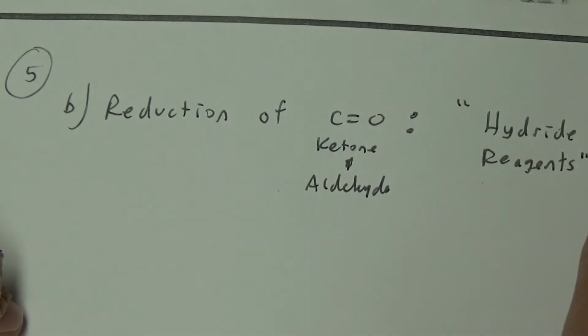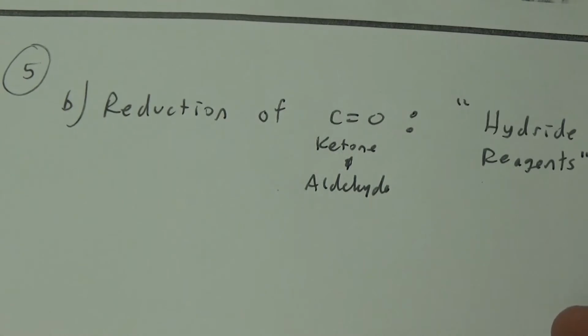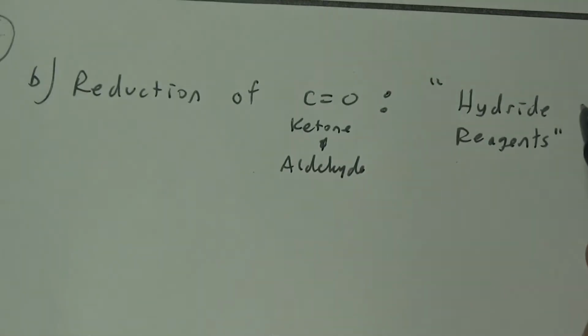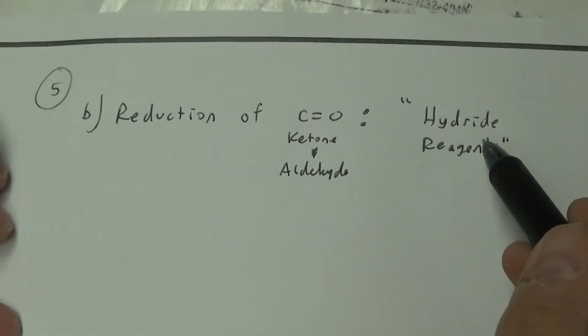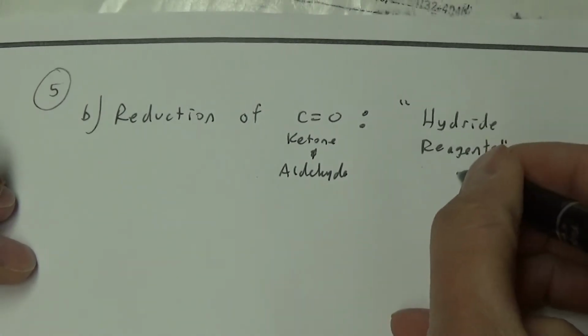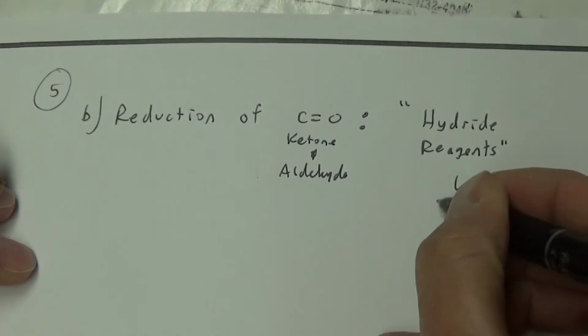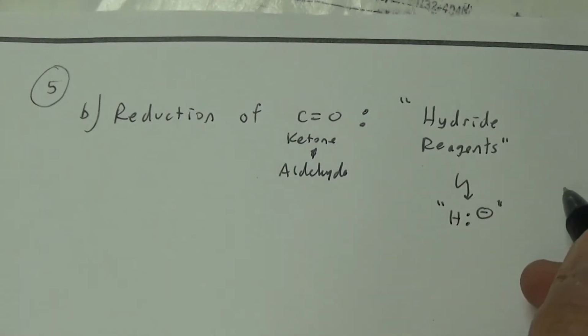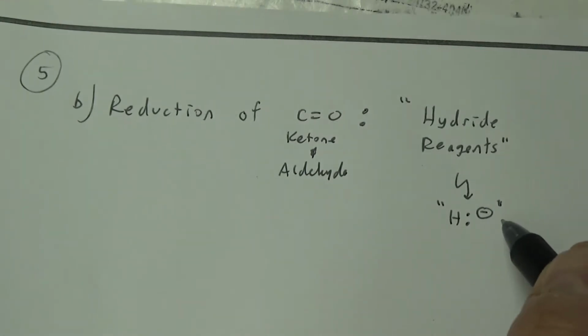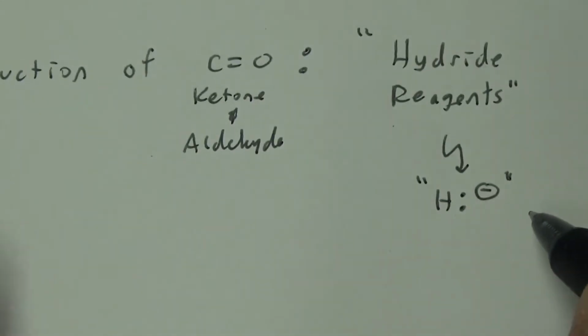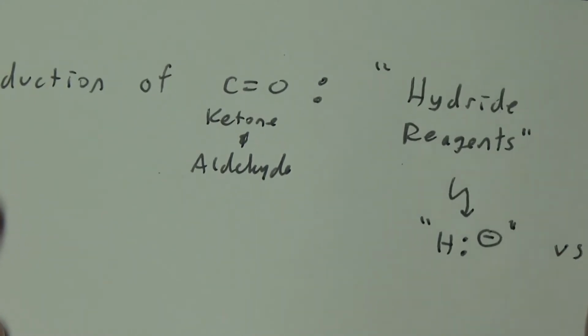What's hydride? Remember hydride? You ever heard of that word before? If you actually have heard about it, you've probably forgotten it. Hydride means H with a pair of electrons and a minus charge. What's H plus called?